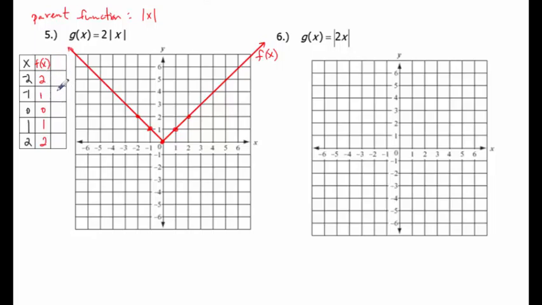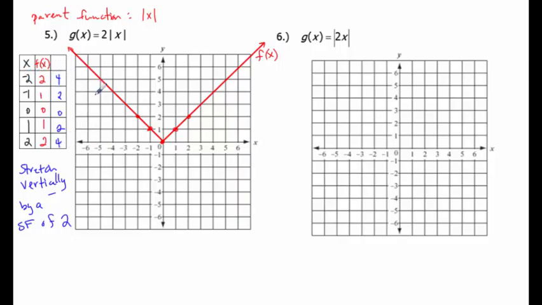And since I need new y values here, I am going to multiply the old y values by 2. So this would be a stretch vertically by a scale factor of 2. So this would be 4, 2, 0, 2, and 4.